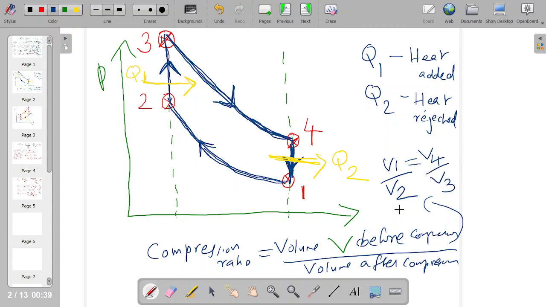This we have to use as the compression ratio. The compression ratio is normally denoted by r suffix k, so you can use r suffix k for the compression ratio. So the compression ratio is V1 by V2, which is the same as V4 by V3.